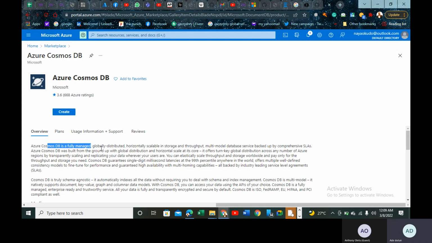The idea of global distribution is that Azure Microsoft can pick a copy of your data and put it anywhere, and then they create an API, the application programming interface, to talk between those CosmosDB copies. So, number one, your data is virtually available globally, so it's a bit expensive.